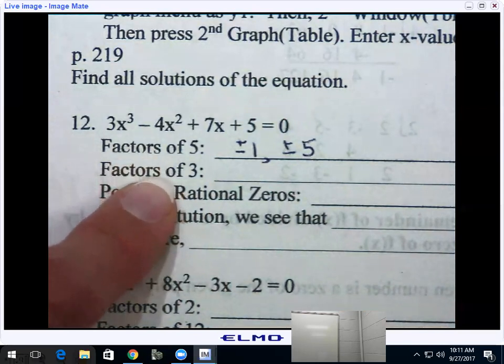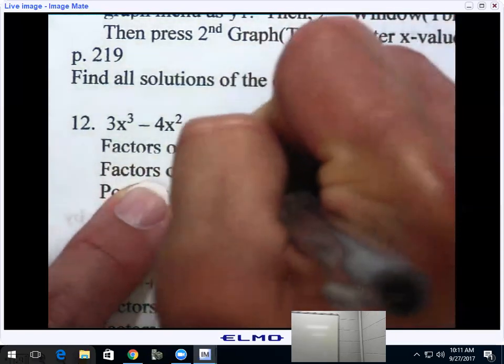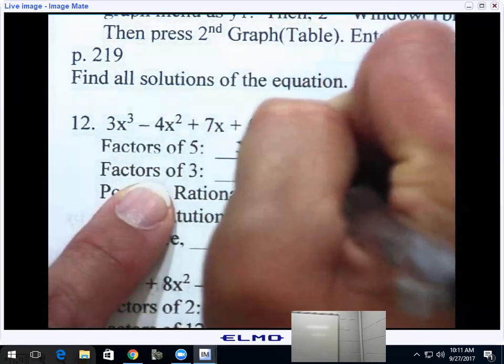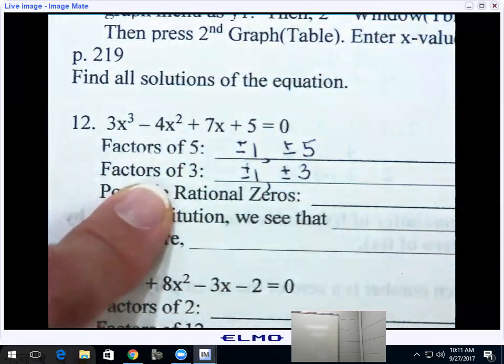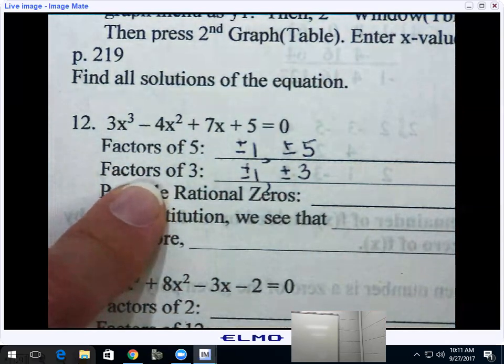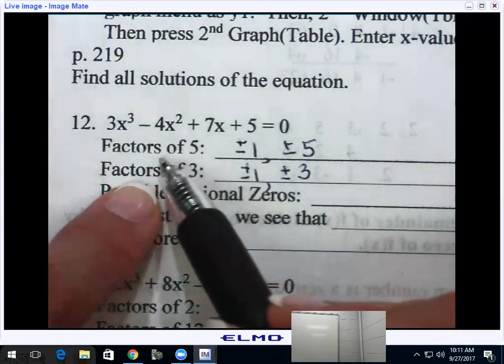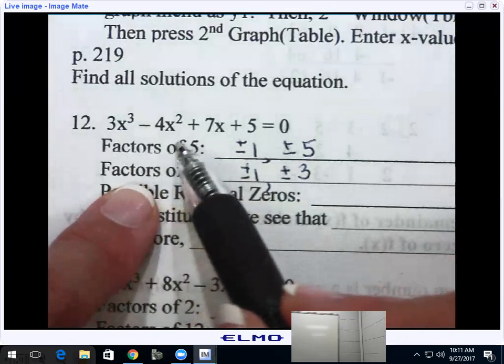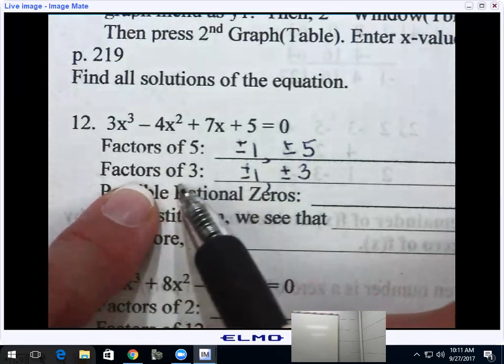Factors of 3 are plus or minus 1, plus or minus 3. The rational zeros theorem says all my possible rational zeros, the only ones I have to try, are all possible combinations of factors of 5 over factors of 3.